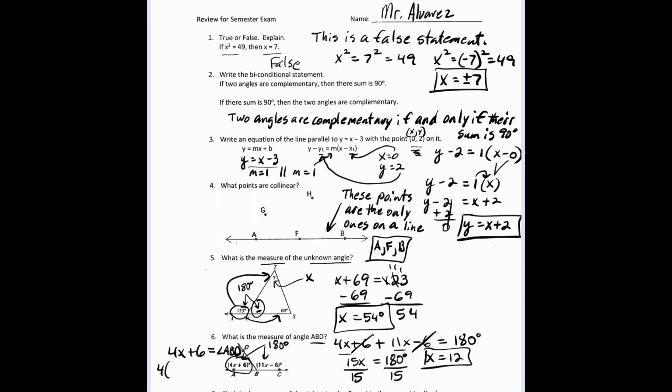And so 4 times 12 plus 6 will equal angle ABD. So this becomes 48 plus 6, which is equal to angle ABD. And this becomes 54 degrees for angle ABD.